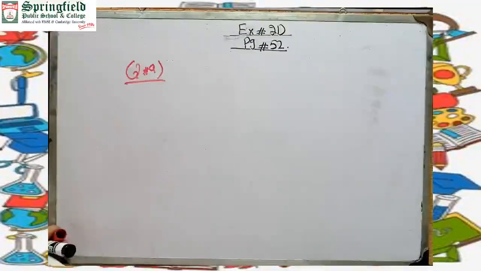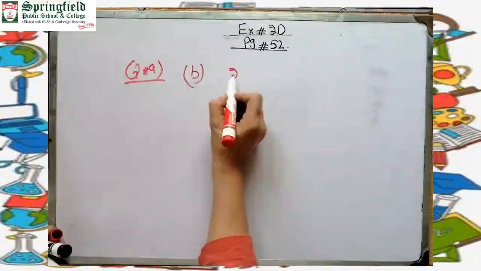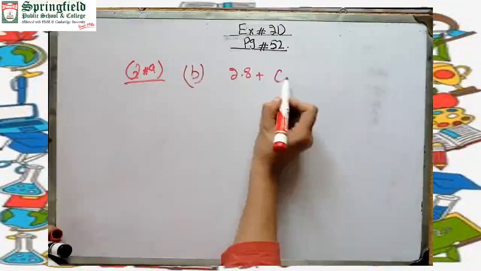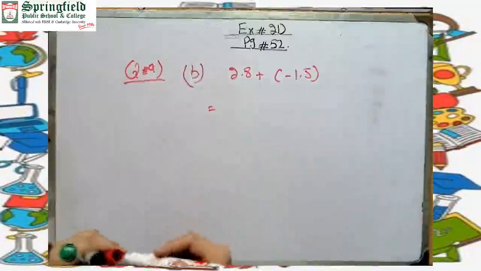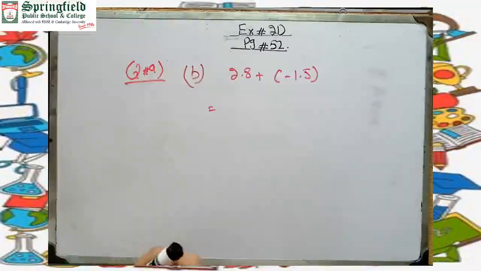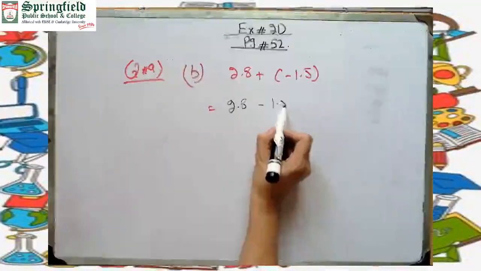Question number 9 is the addition and subtraction of decimal numbers. Okay, and part B. 2.8 plus small bracket minus 1.5. So how can we solve this question? 2.8 plus minus 1.5.